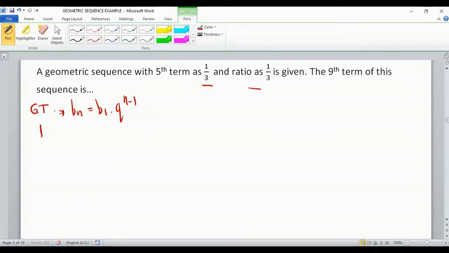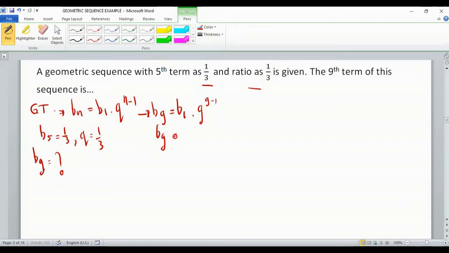From here, we have B5, the fifth term, equal to 1 over 3, and the ratio 1 over 3. They ask about the ninth term. If we substitute, the ninth term equals the first term times k power 9 minus 1, so the ninth term is B1 times k power 8.